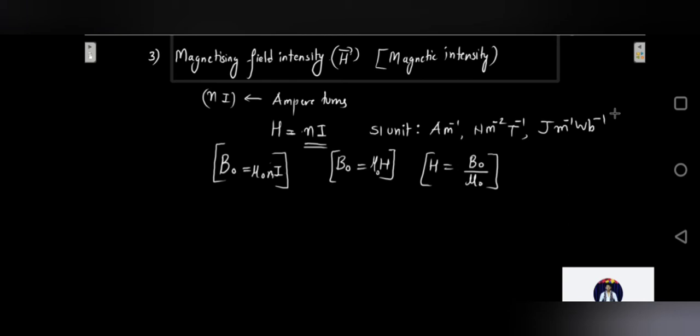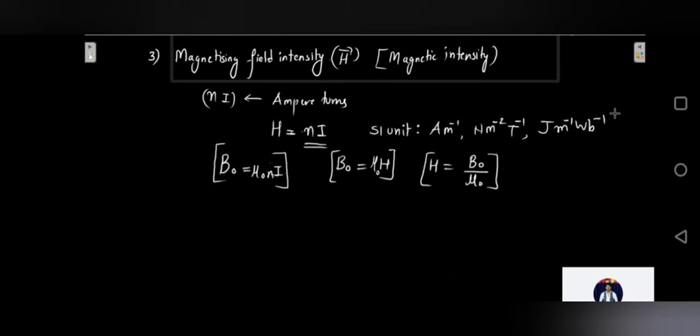So in case you forget what magnetizing field intensity is while doing a problem, at least from the given SI unit you should be able to make out what is given to you. Supposing they say magnetizing field intensity is this and the units are given. In case you forget that H is the magnetizing field intensity, looking at the SI unit you will make out that the given quantity is H. Or they might use some other name, like magnetic intensity.